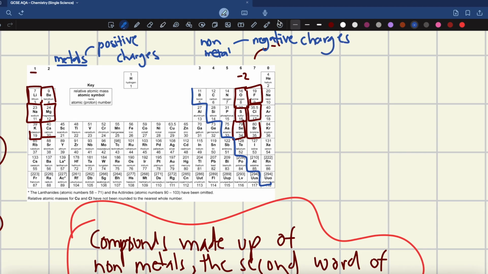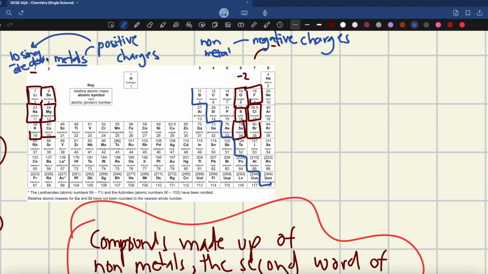If metals are forming positive charges, that means they are losing electrons. Because what brings negative charge to the entire element? What is the negative part of an atom? An electron. So how does an atom become positive? It loses electrons.